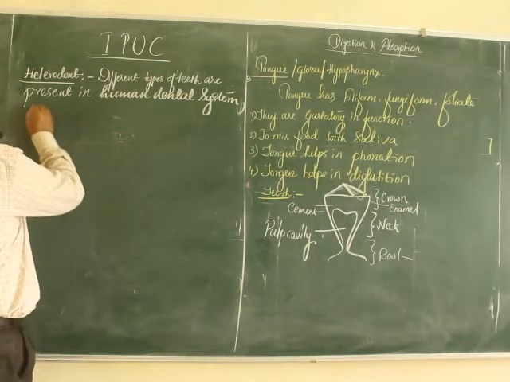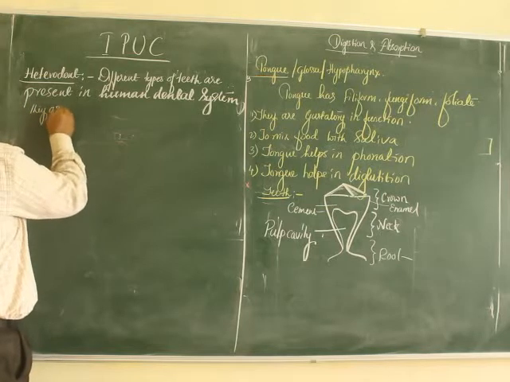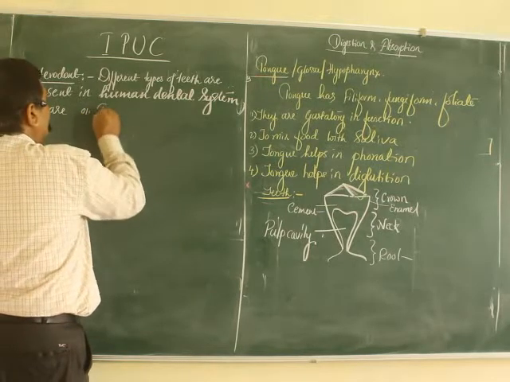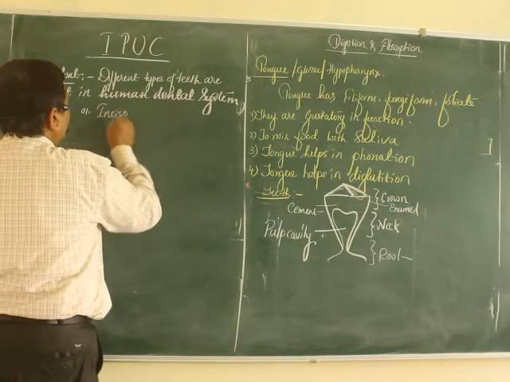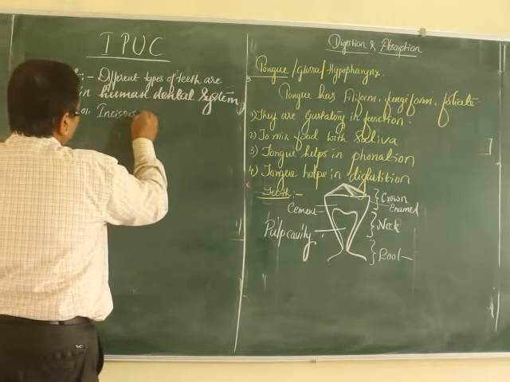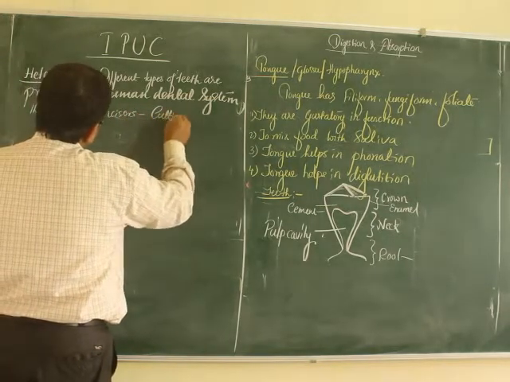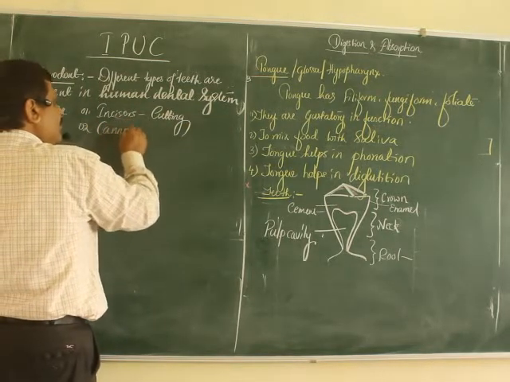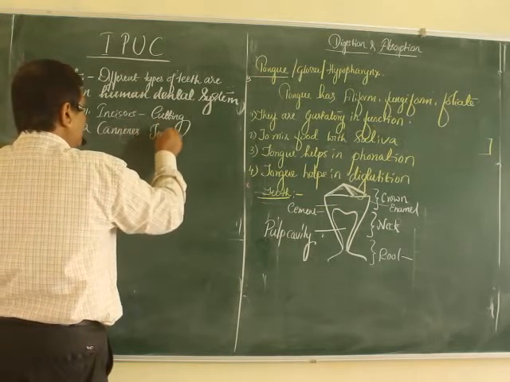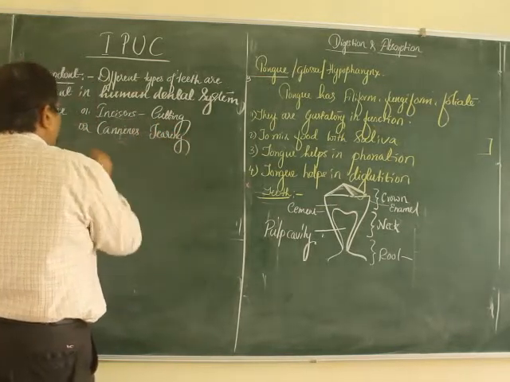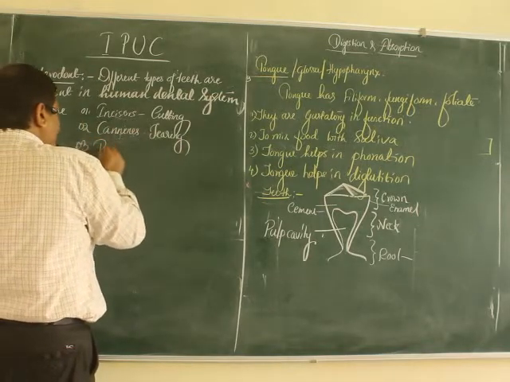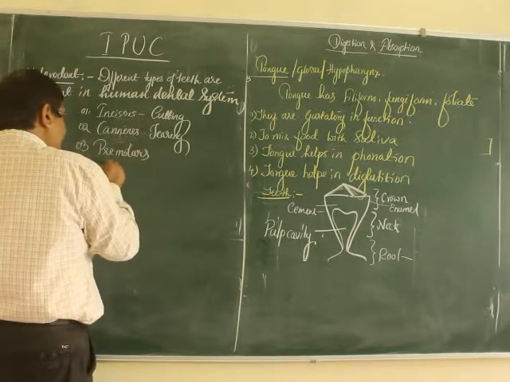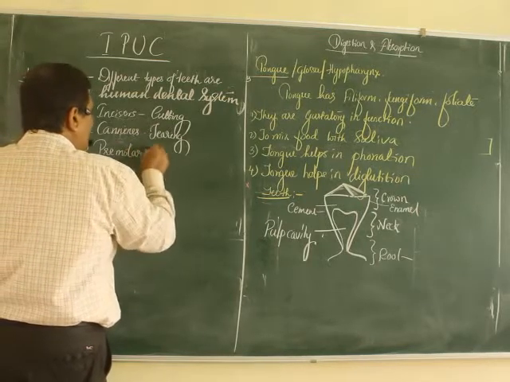They are incisors, for cutting; canines, for tearing; premolars and molars, for grinding.